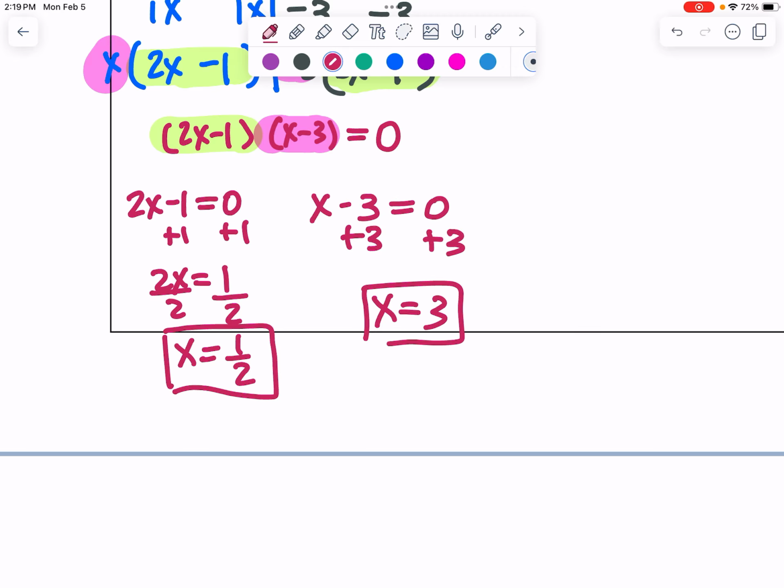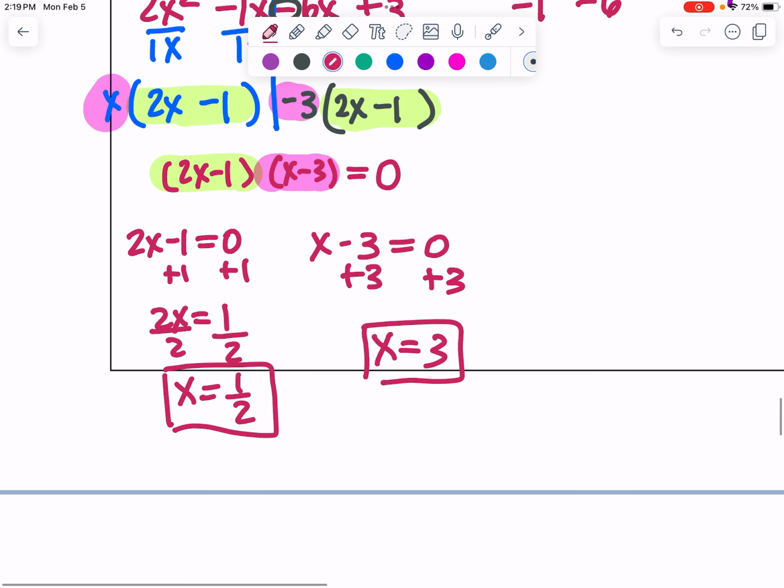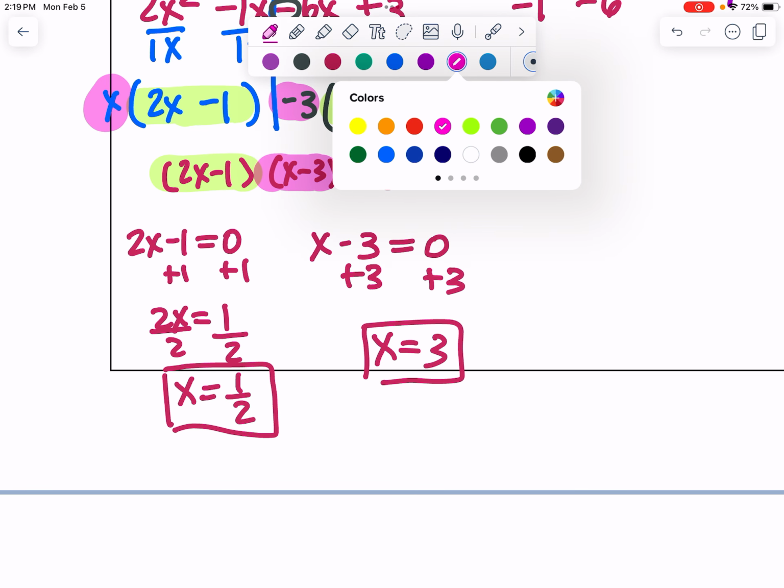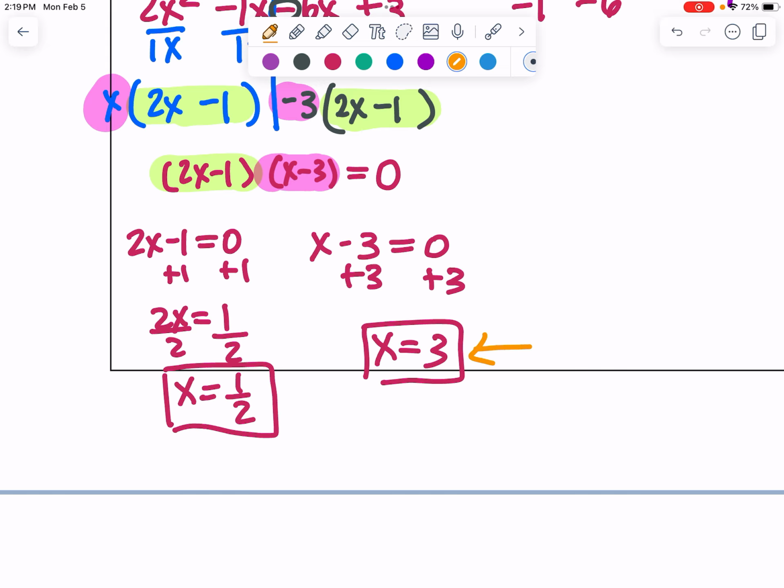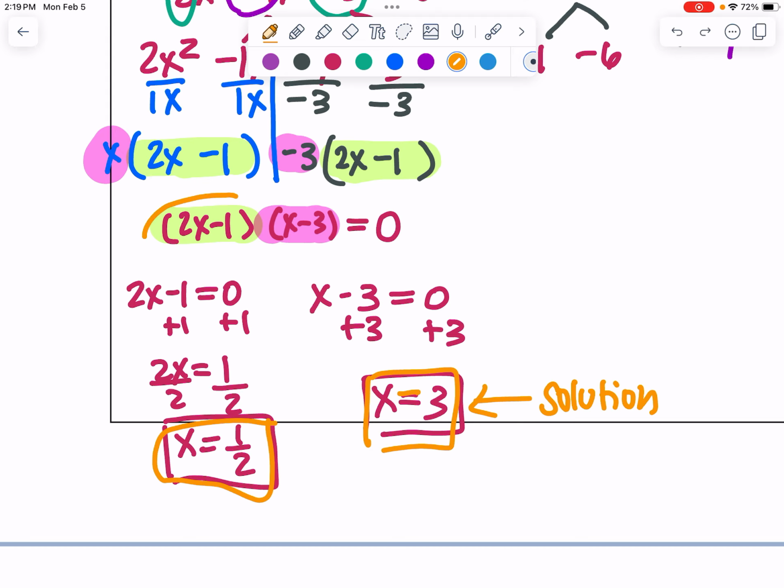Okay, and so I just want to reiterate that these are your solutions. And so if the question is asking for your solutions, you're looking for what x equals. Okay, if they ask for the factors, they're asking for these expressions in parentheses.